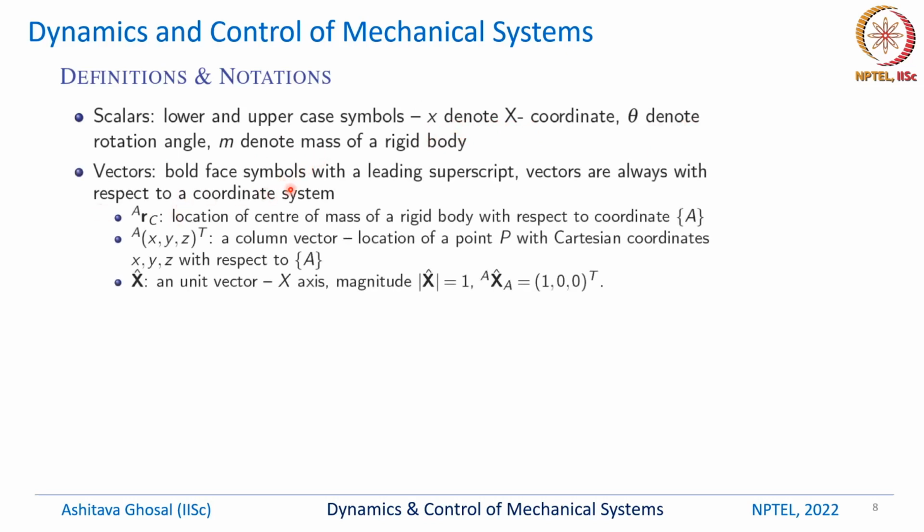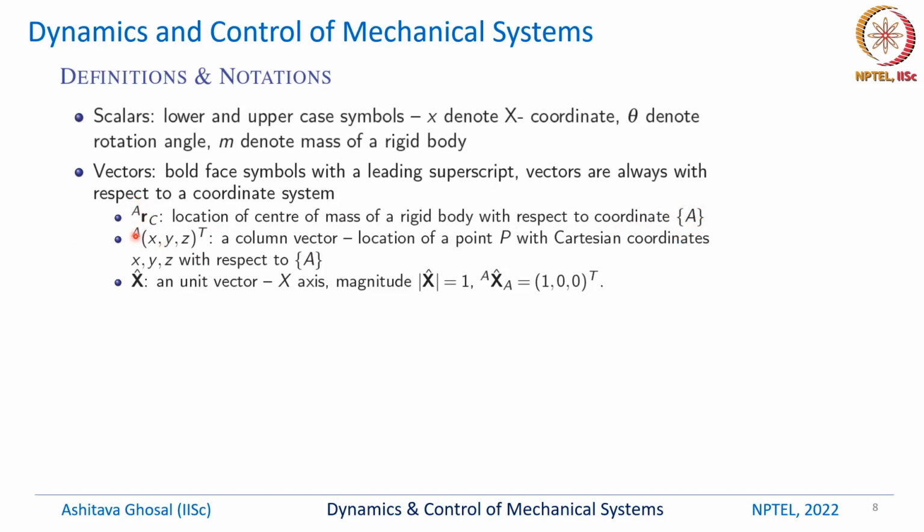Vectors will be denoted by boldface symbols with a leading superscript. Vectors are always with respect to a coordinate system. We will define a coordinate system a little later, but vectors are always with respect to a coordinate system. For example, this quantity A, boldface r, C, locates the center of mass of a rigid body with respect to the coordinate system A. So the leading superscript here denotes the reference coordinate system.